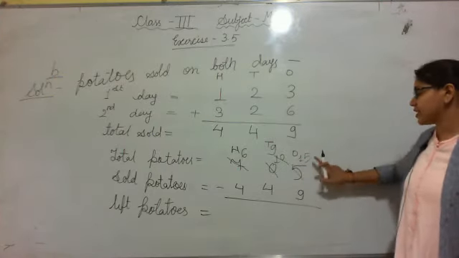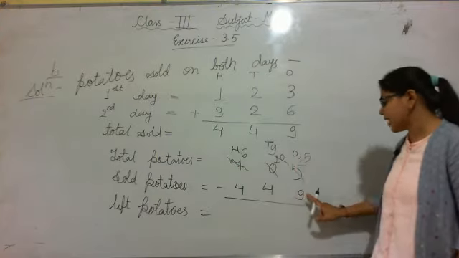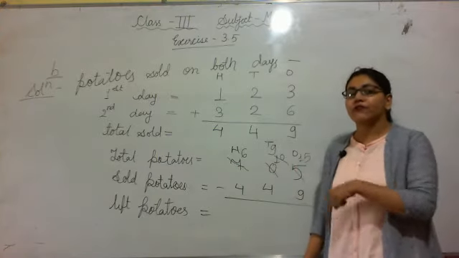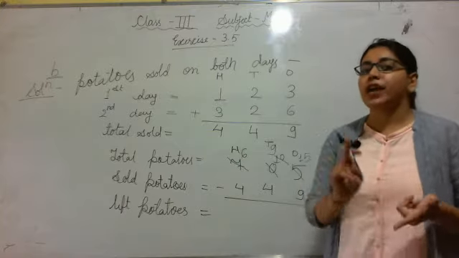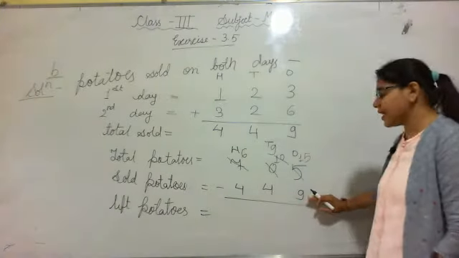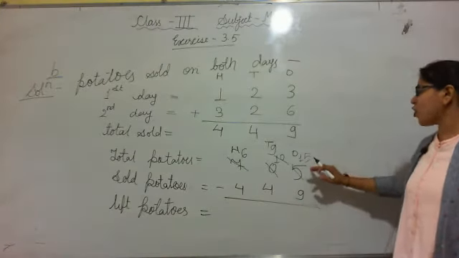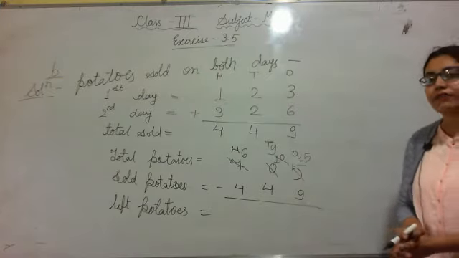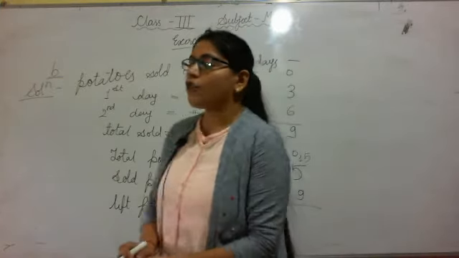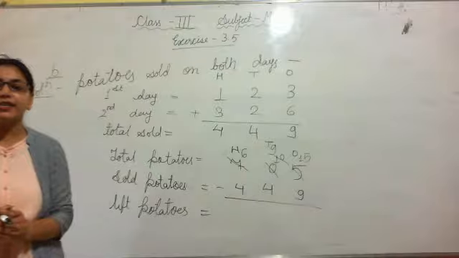Okay, 15 ones. So 15 minus 9. Now can we remove 9 from 15? Yes, because now 9 is the smaller number. Okay, so all of you count 15 finger marks. Count 15 finger marks, dear students.